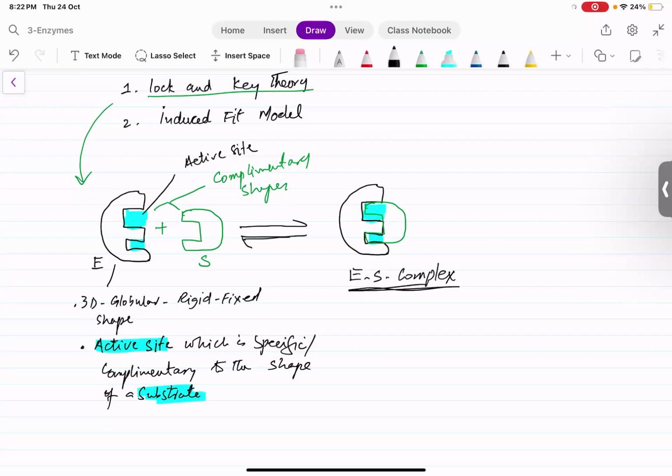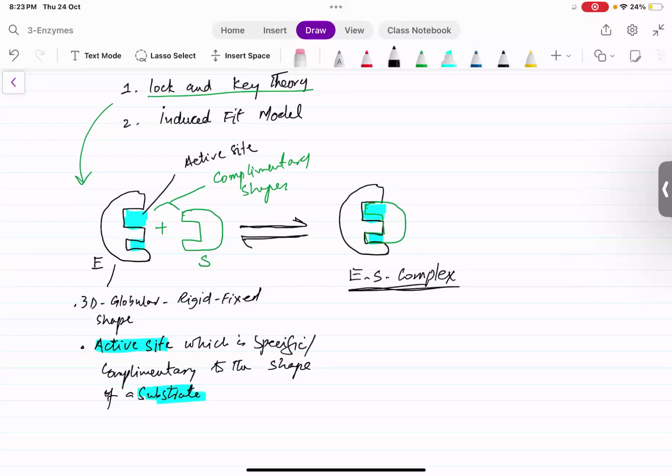And this reaction is reversible. Every substrate that binds into an active site of an enzyme may not necessarily be converted into product, and it may come out of the active site without being changed into the product. It does also change the shape of an enzyme. So this is an enzyme substrate complex formed.